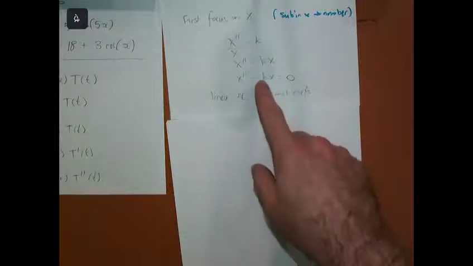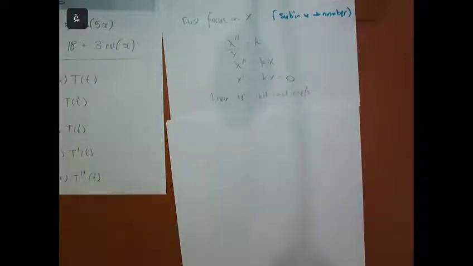Normally, if there was a 2 there, I'd be great. X double dash minus 2x, I could turn that into a characteristic equation and go from there, and I'd do my e to the root 2 and my e to the minus root 2, and everything would be happy. The thing is that I do not know what this k is, so I'm going to have to run through all the possible things that k could be. That's my next stage.